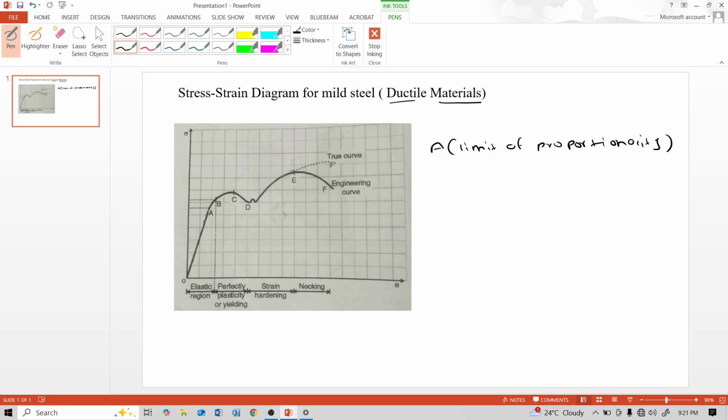Point A is called the limit of proportionality. It is the value of stress up to which stress and strain have a constant ratio, and it obeys Hooke's law. Hooke's law states that stress is directly proportional to strain. As stress increases, strain also increases.